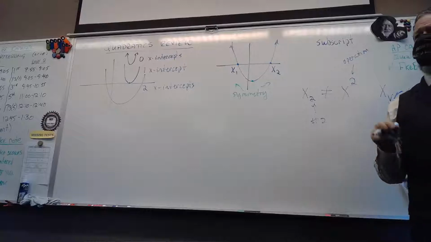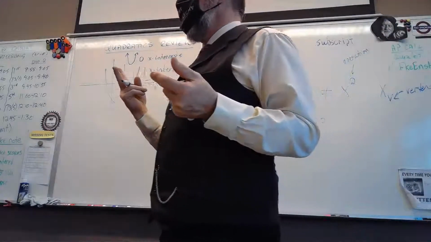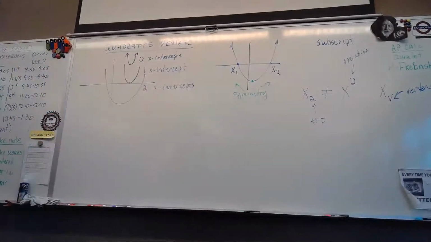What's another word for exactly halfway between 2 numbers? Anyone? Average. Yeah. If you got 80 on a test and 100 on a test, your average is 90. Why is your average 90? Because 90 is exactly halfway between 80 and 100.